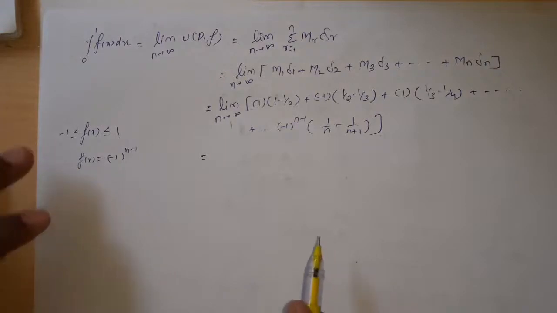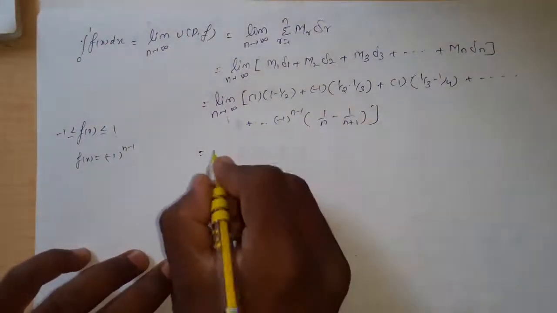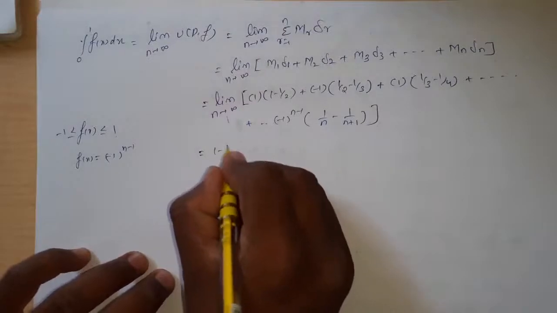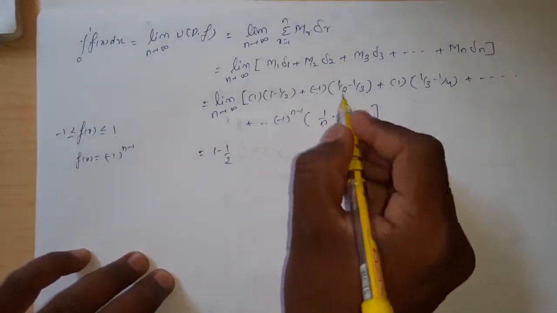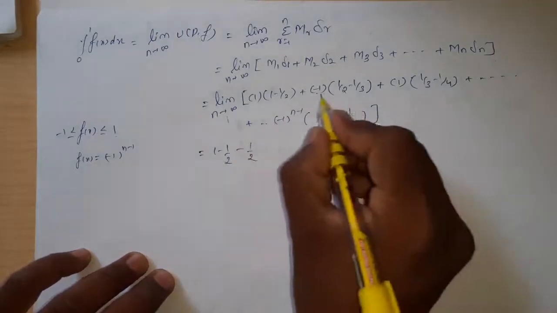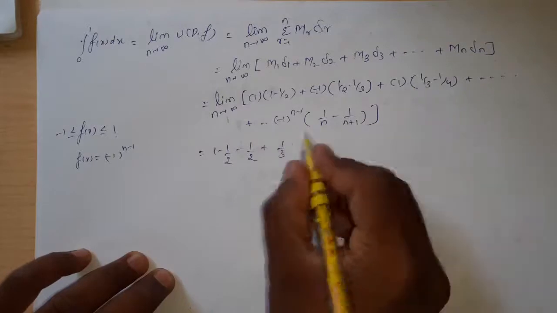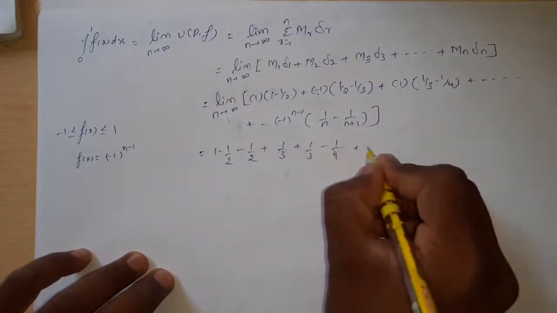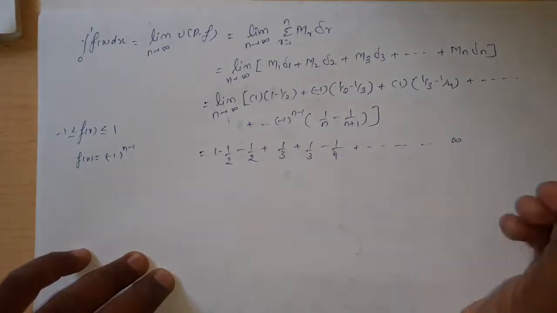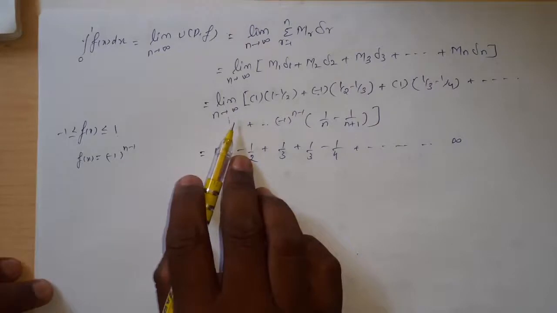Now simplifying the terms, 1 minus 1 by 2 as it is, next minus 1 into 1 by 2, that is minus 1 by 2, minus into minus plus 1 by 3, and here 1 into 1 by 3, that is 1 by 3, then minus 1 by 4, and so on up to infinity, because n is taking the values up to infinity.